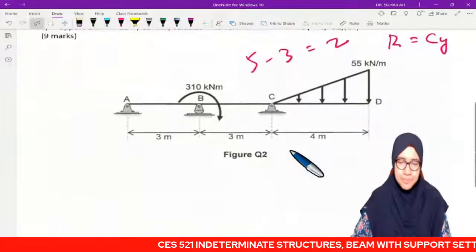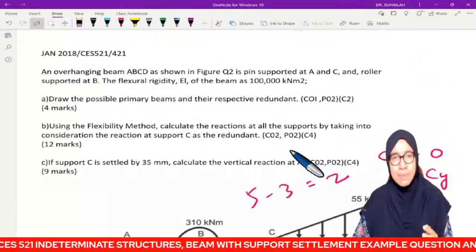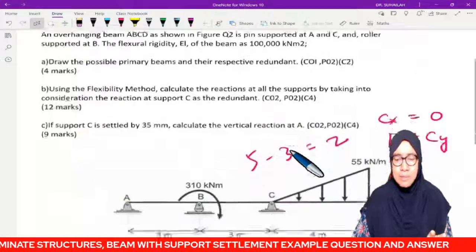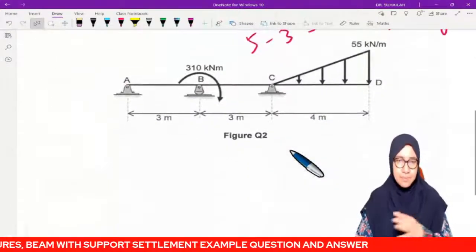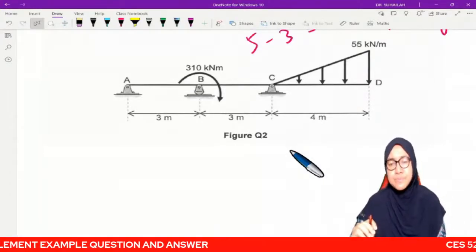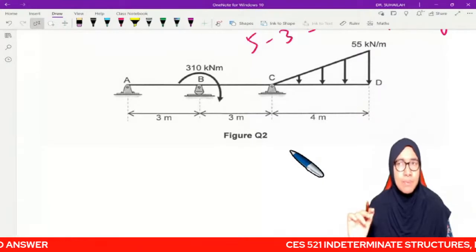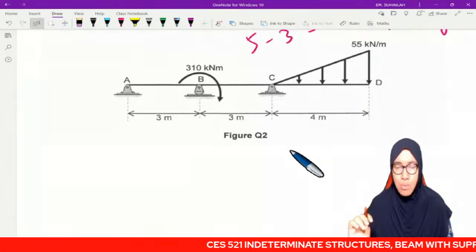Okay, so to answer question A, draw possible primary beams. Draw possible primary beam means that we have to remain one pin, one roller.